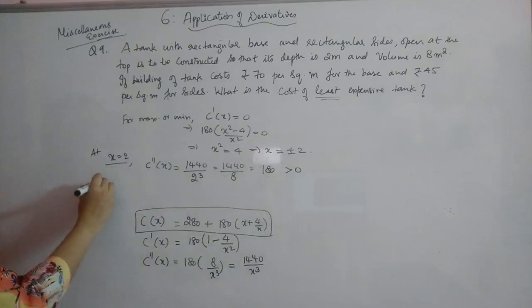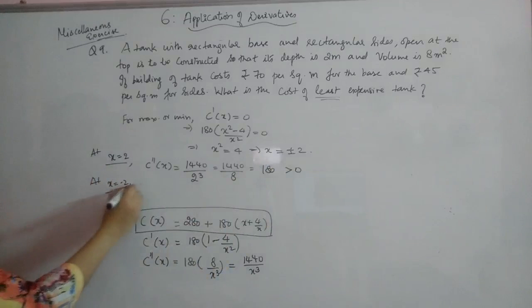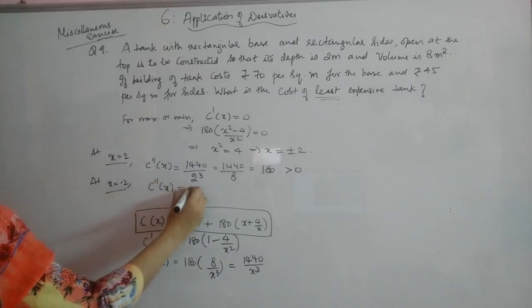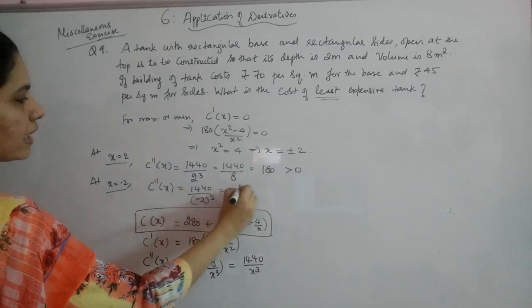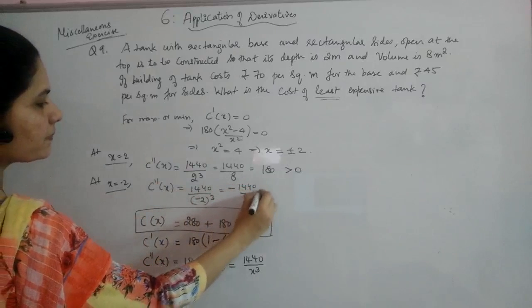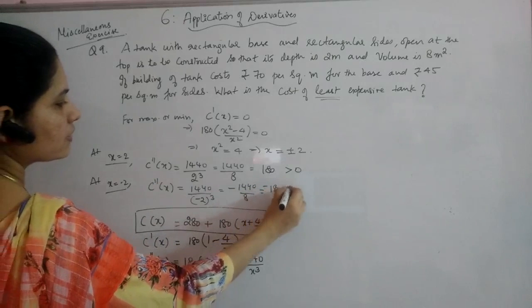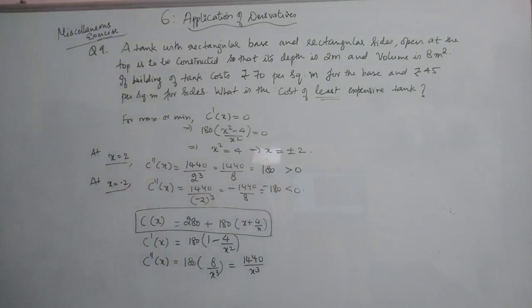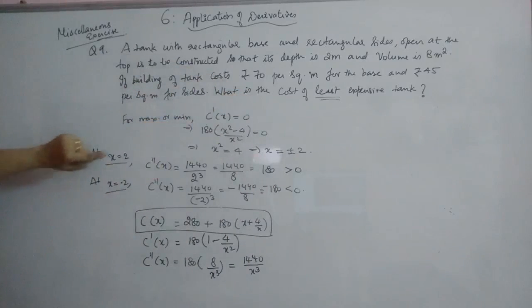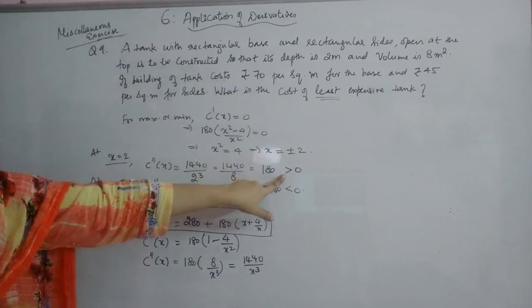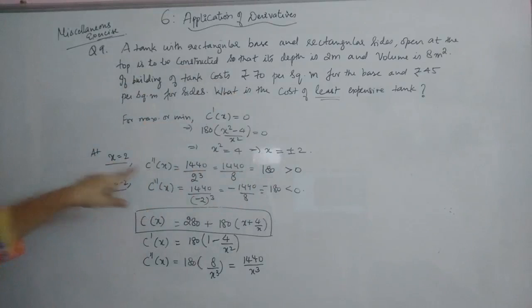Now at x equal to minus 2, you are checking c double dash of x, it will be 1440 by minus 2 the whole cube, which will give you a negative sign with the same value. So it is negative 180, which is less than 0. Since you need the minimum, least means minimum, whichever value is giving you the greater sign for the second derivative, you will choose that.